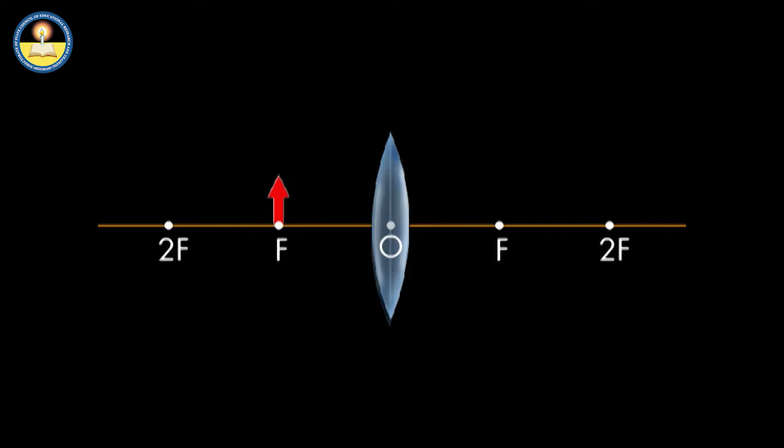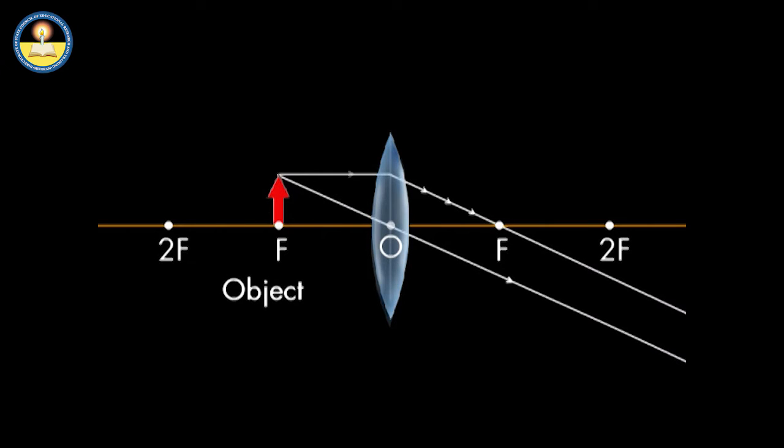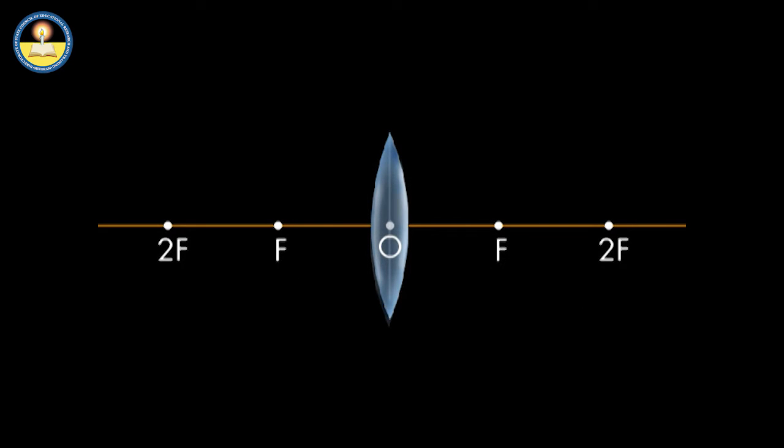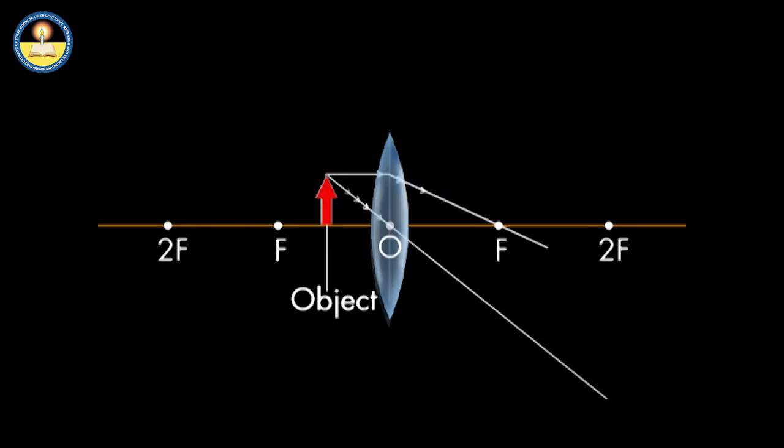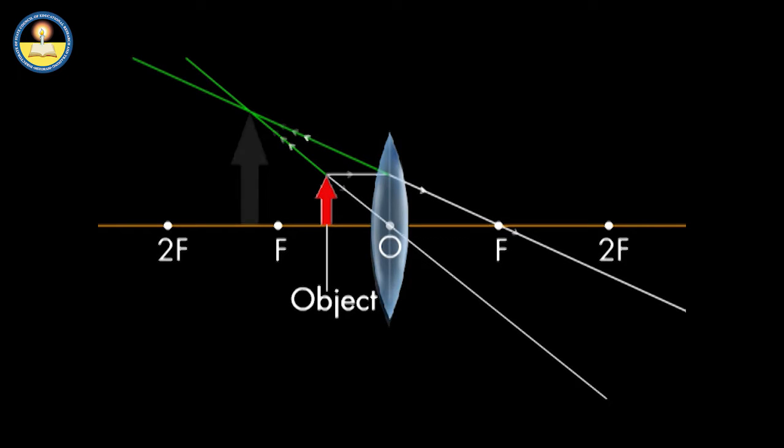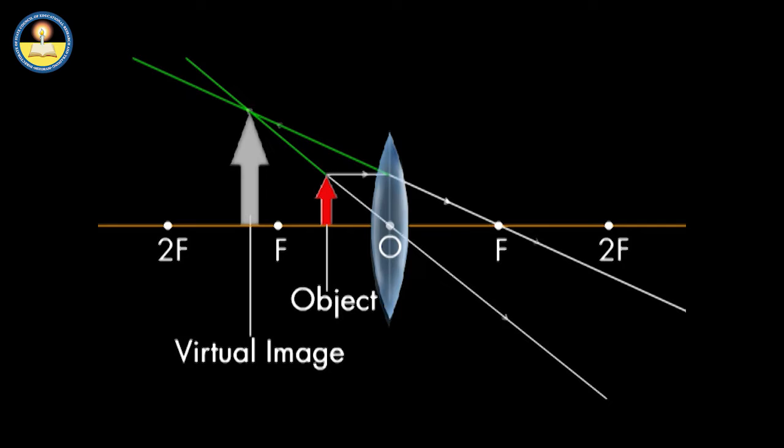There is a situation when the image is formed at infinity. A virtual, erect and highly magnified image can be obtained by a convex lens if the object is placed at a distance less than the focal length of the lens, and it will be situated on the side of the object.